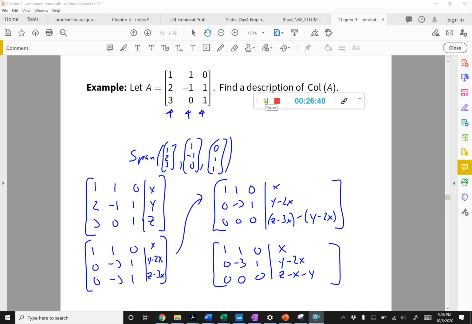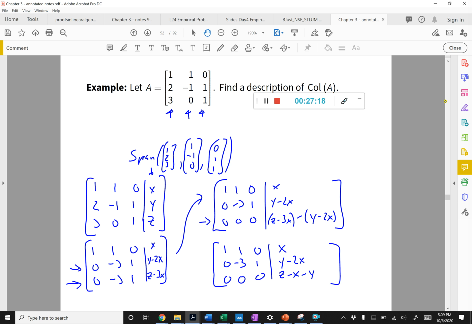Okay, I saved some time by pausing and then writing out some work. What I did was I augmented that matrix with just an arbitrary x, y, and z, trying to figure out what points we could actually get if we spanned that. If A ended up being invertible, we'd be able to get anything, because our columns would be linearly independent. We know it would span R3. But as we can see, as I started to row reduce, in that coefficient matrix I've got two rows that are the same, so I end up with a row of zeros.